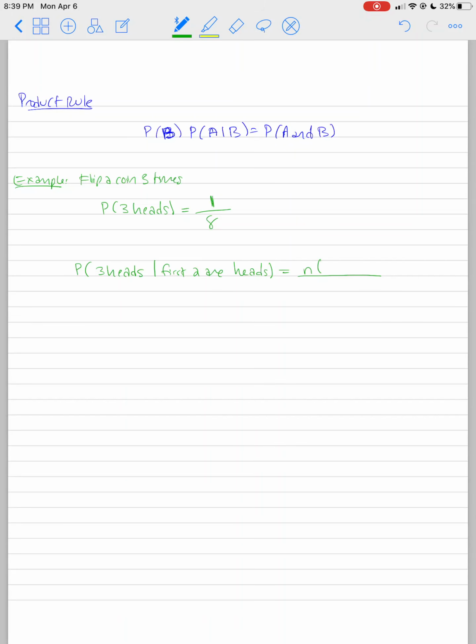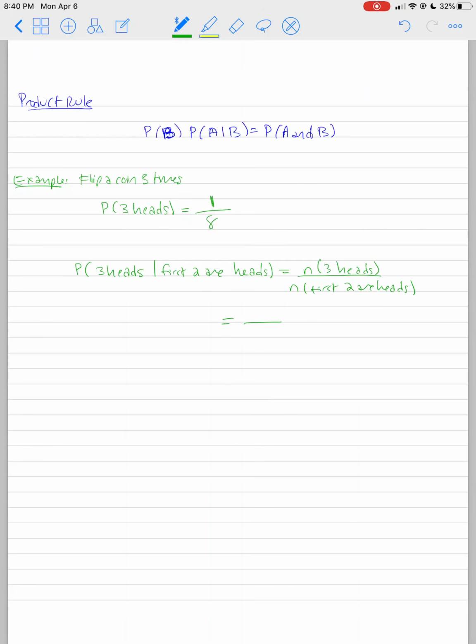So on top, it's going to be the number of ways of satisfying both of these. To satisfy 3 heads and first 2 are heads is really just to say, I need 3 heads. In the bottom, it's just satisfying the thing we knew had happened, so that's the first 2 are heads. Notice I will always write out this pseudo word formula version before I go near numbers.